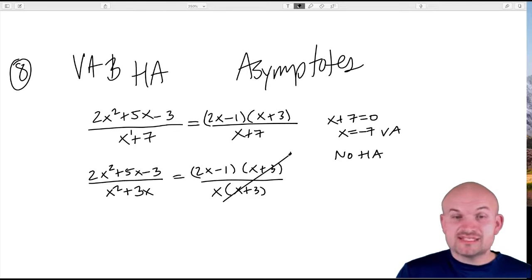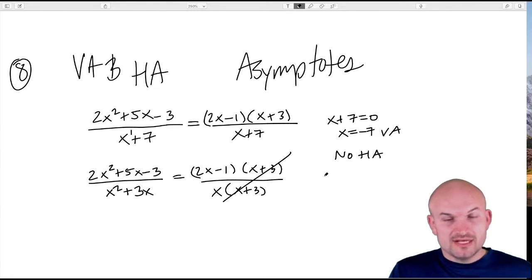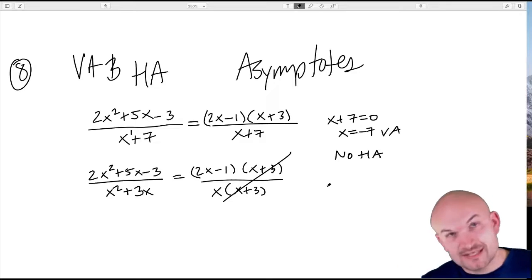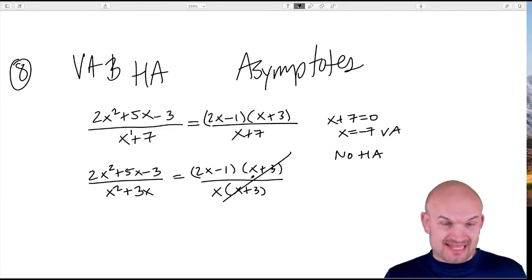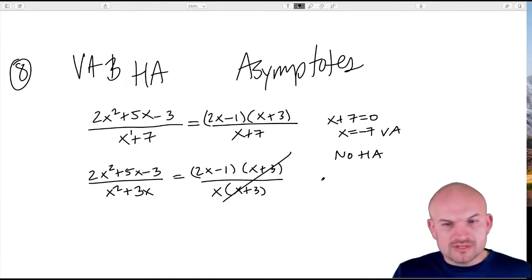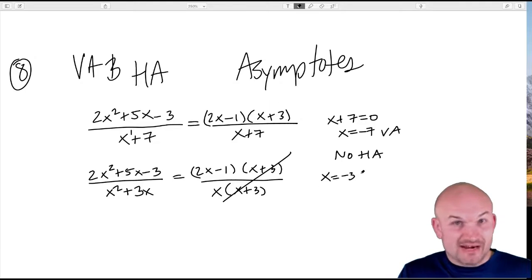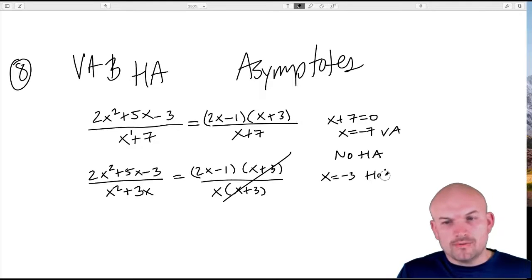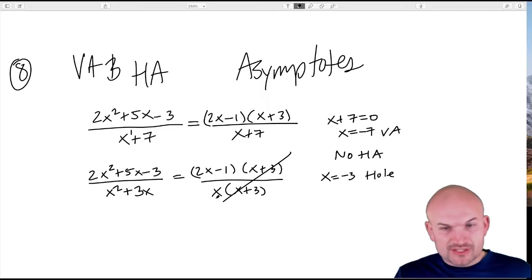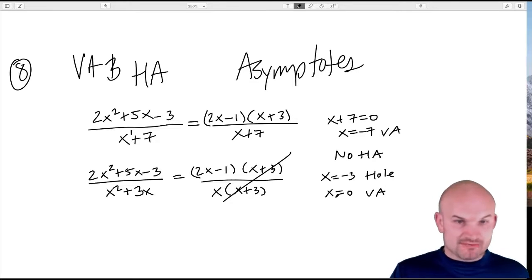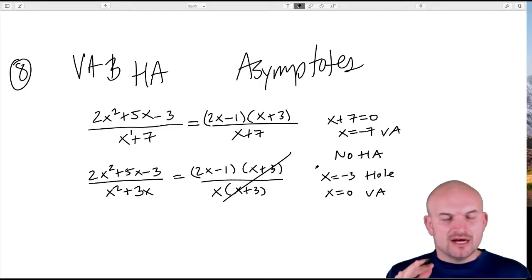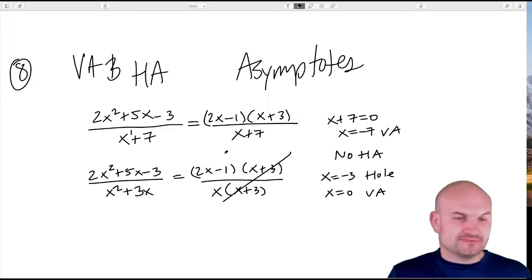Now in this case, you can see that x plus 3 divides into it, right? So even though x equals -3 is a discontinuity, because it makes the denominator equal to 0, it's a hole. So I can say x equals -3 is not a vertical asymptote. That is a hole. However, x is still in the denominator, so when x equals 0, that is going to be my vertical asymptote. So again, that's the idea of the removable discontinuity that can be divided out, or the non-removable discontinuity.